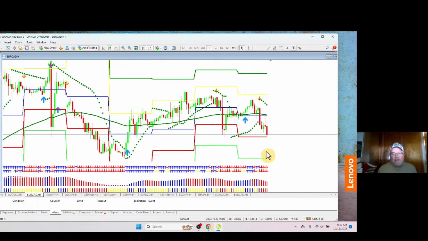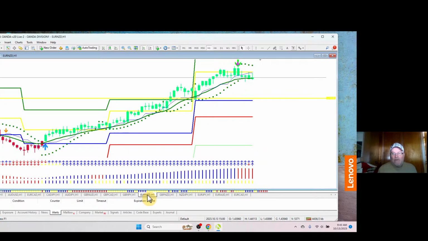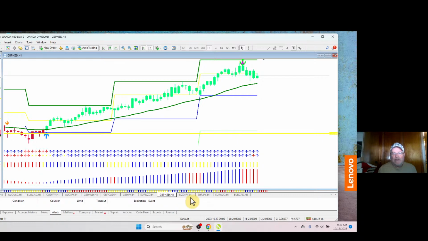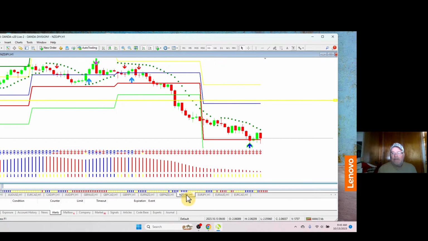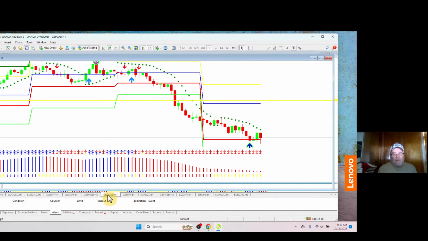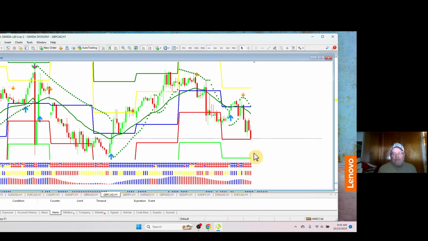Push back down into here. Euro New Zealand is trying to sell off, but not by much. Pound New Zealand, same picture. New Zealand yen. Pound CAD should be selling off. It is. Looking for it to come down here, and it should. It's got range to come down there today.